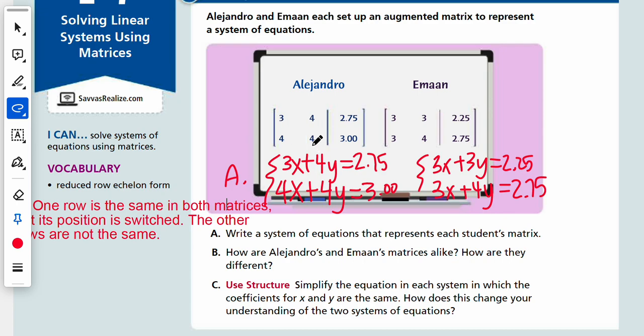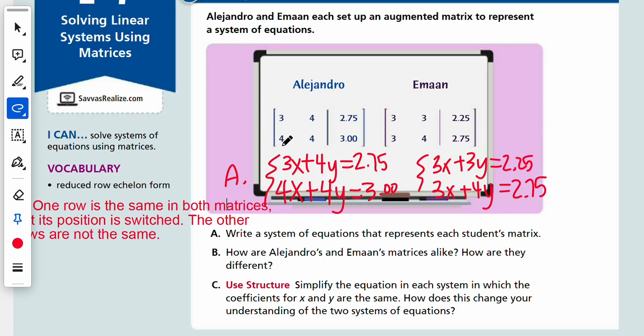We could multiply the second row in the first system by 3 over 4. And then we can maybe get closer to the other equation here, right?